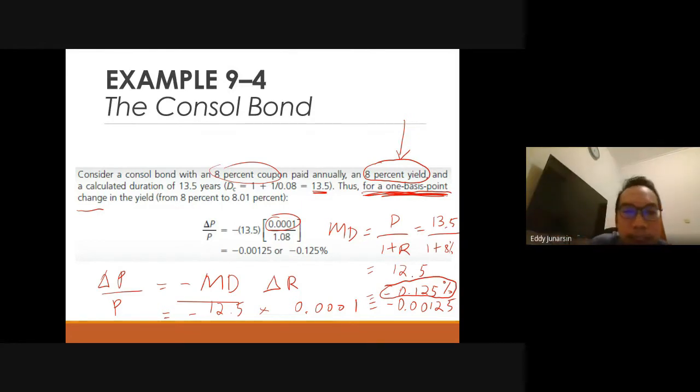Okay, so that's the change in price relative to the original price. So the percentage change in price, right? But if you want to know delta P, again, you move the P there, right? The information is not given, but suppose that this is 1,000, then you just multiply by 1,000, if the original price is 1,000, or any other number.